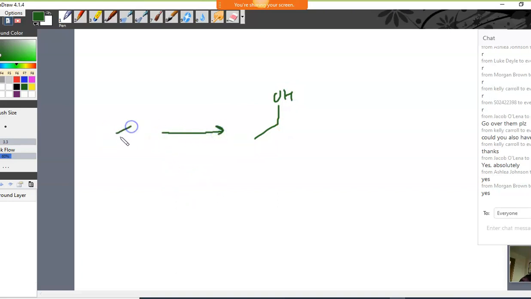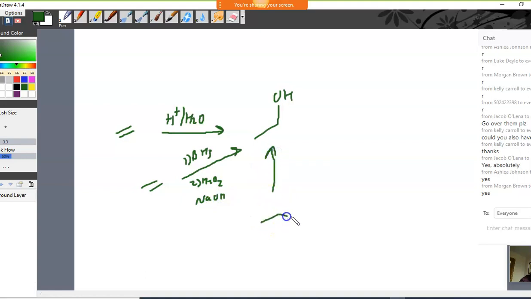One way is to take a double bond and add acid and water. That makes an alcohol. Another way would be the anti-Markovnikov, BH3 and H2O2 and sodium hydroxide. That's another way. Another way would be an SN2 reaction, so hydroxide.